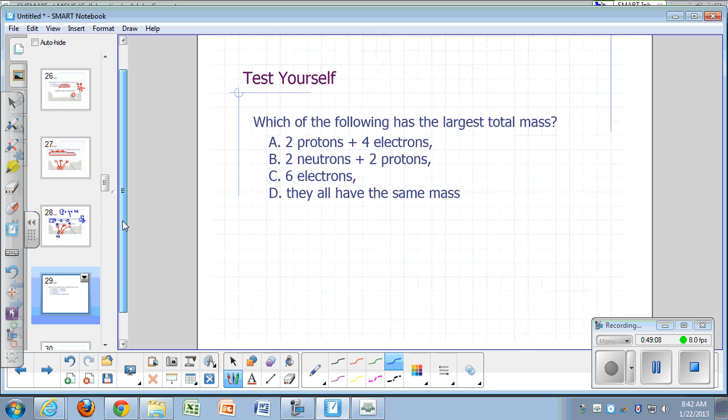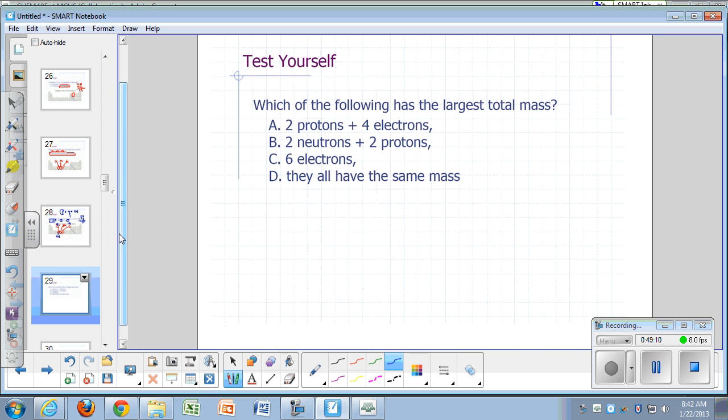All right, let's see if you remember the masses. Which of the following has the largest total mass?